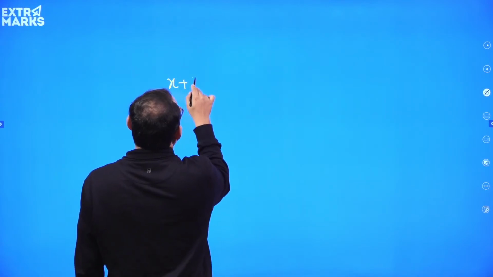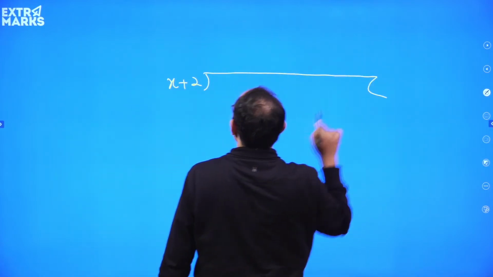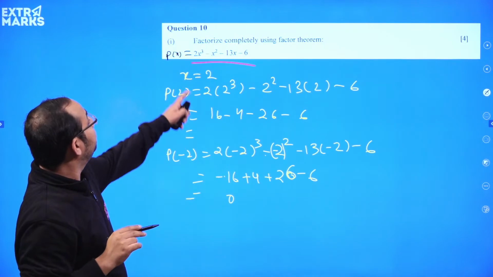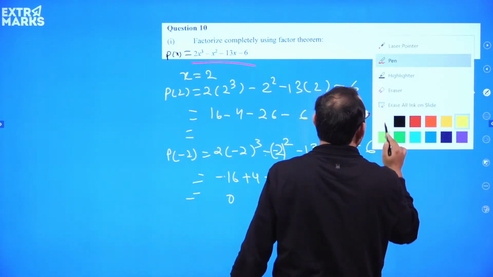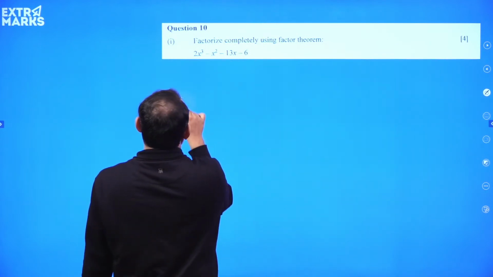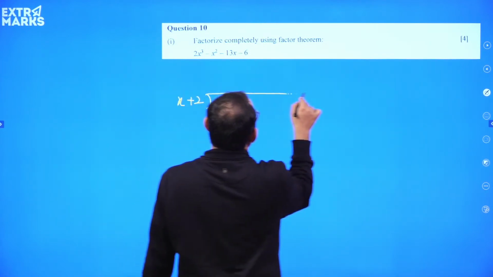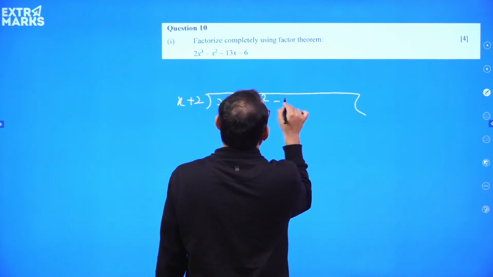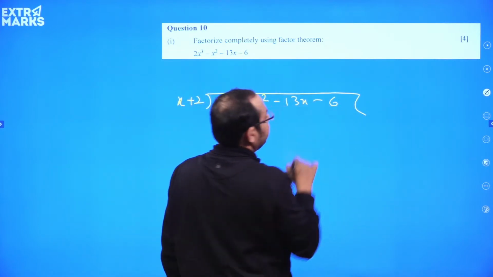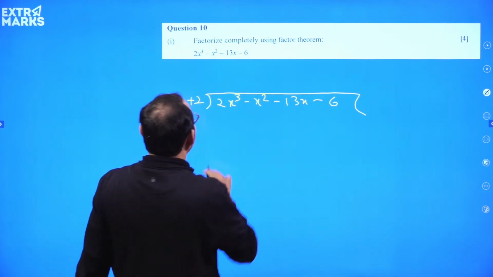So I have x plus 2 dividing 2x cube minus x square minus 13x minus 6. Okay, let's do the division here itself. Let's find through long division what will happen.